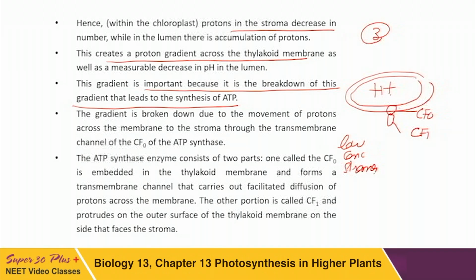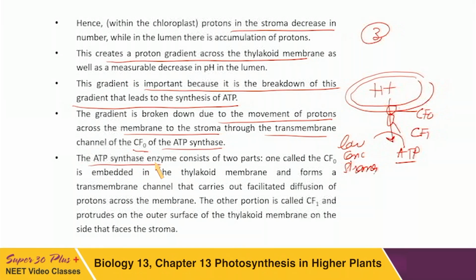These hydrogen ions will be passed on to this ATP synthetase, and here the configurational changes will take place which will generate ATP. Is it right? The gradient is broken down in that way due to the movement of protons across the membrane through this transmembrane channel, CF0 of ATP synthetase.